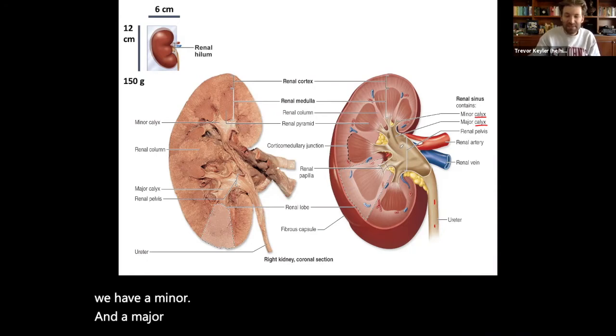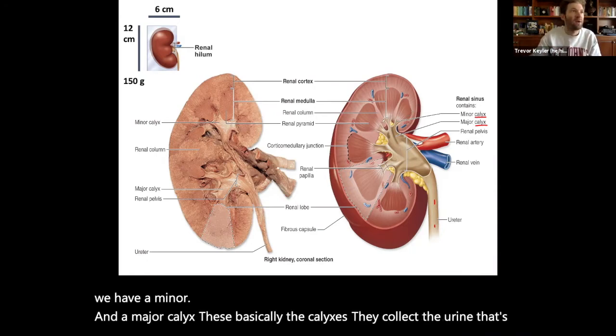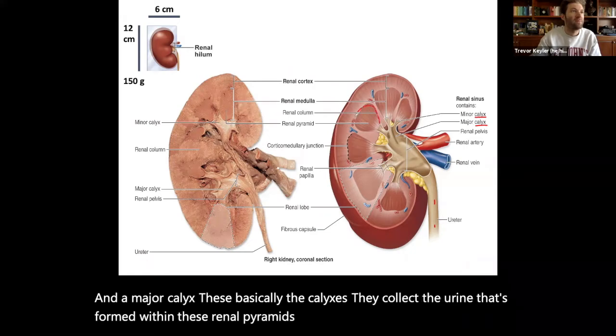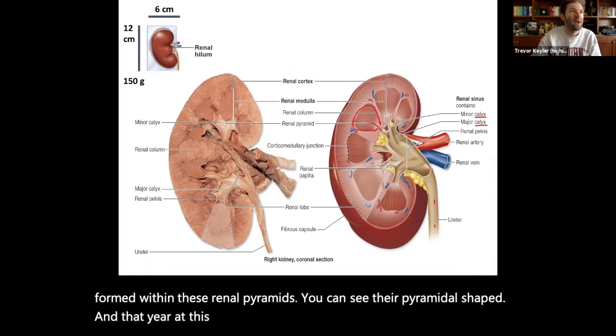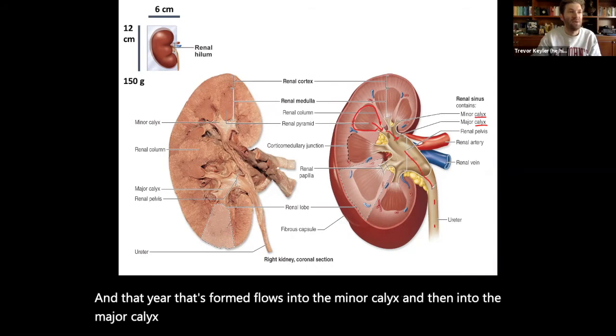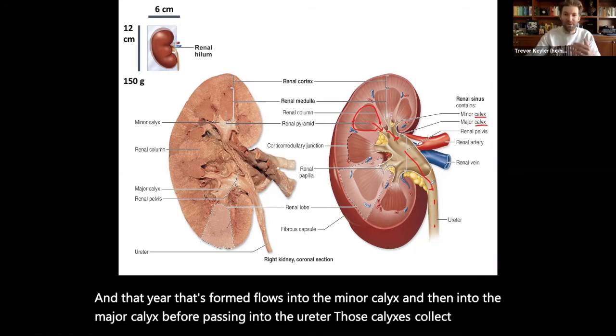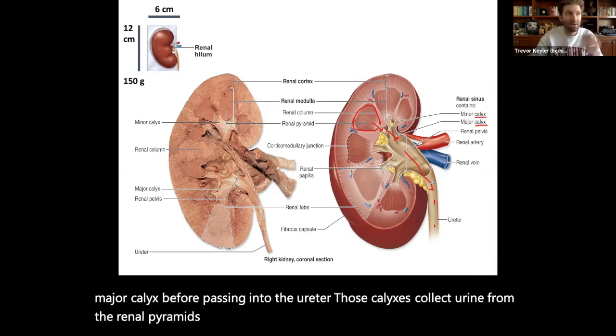The calyxes collect the urine that's formed within these renal pyramids. You can see they're pyramidal shaped. That urine flows into the minor calyx and then into the major calyx before passing into the ureter. So those calyxes collect urine from the renal pyramids, and the pyramids are where we make the urine.